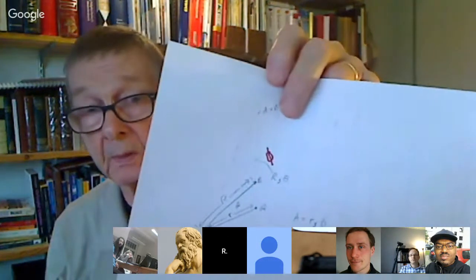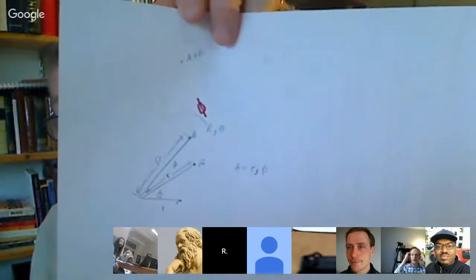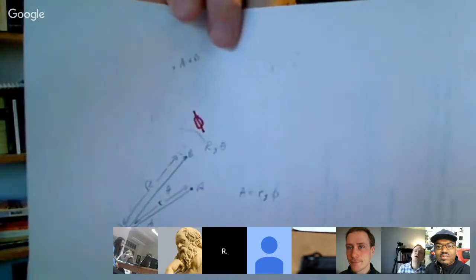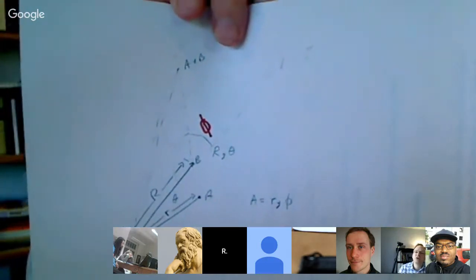Well, to a degree, yeah. I'm just wondering what angle should have been put there, do you think? Because I'm building it on top of it, right? Maybe it should have been phi plus theta? I don't think that angle really matters.